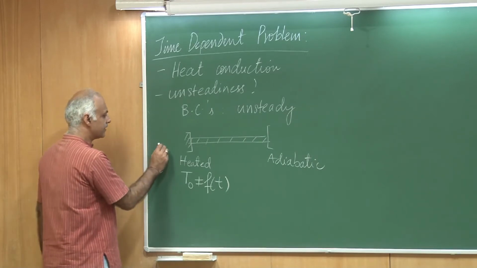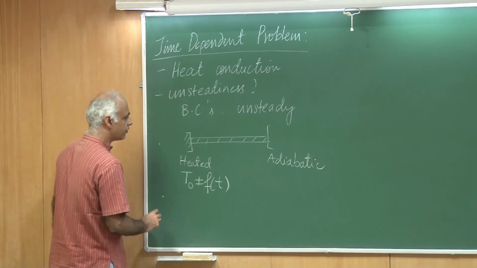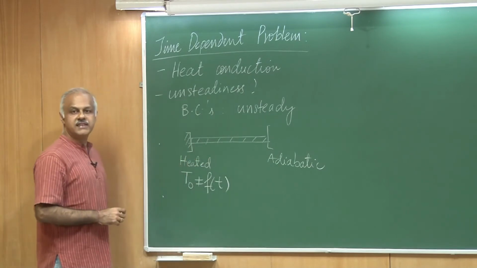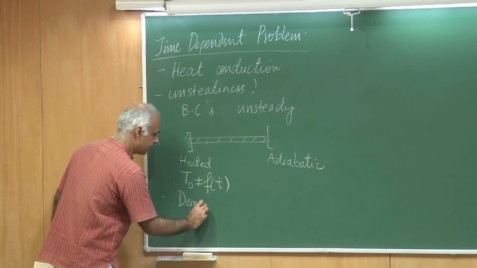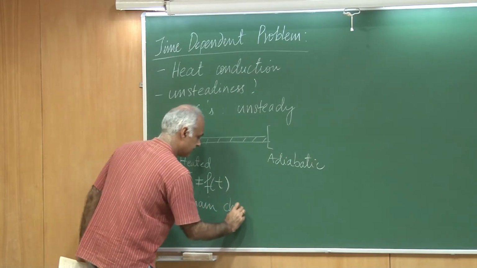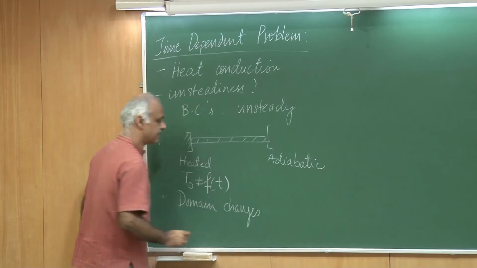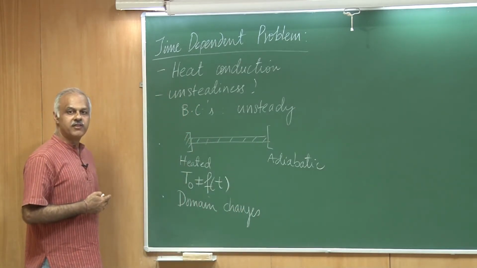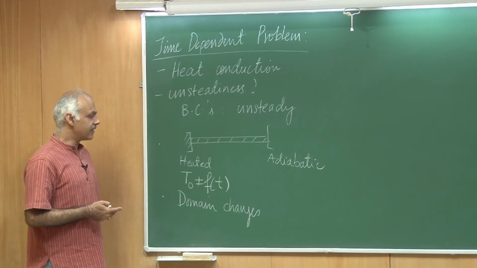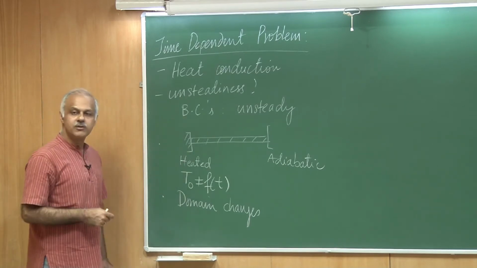I could also have a situation where my domain could be changing. So it is possible that my domain changes. You could think of something like a process of casting, where of course the equations would be more complicated.